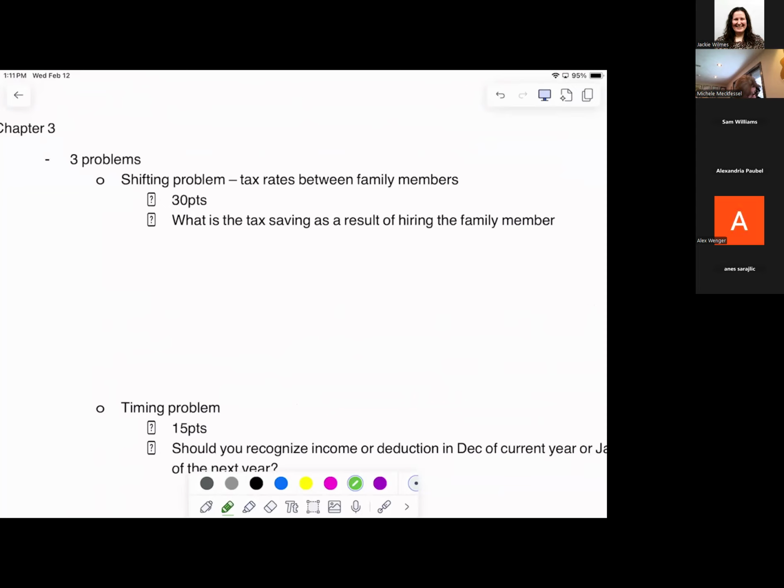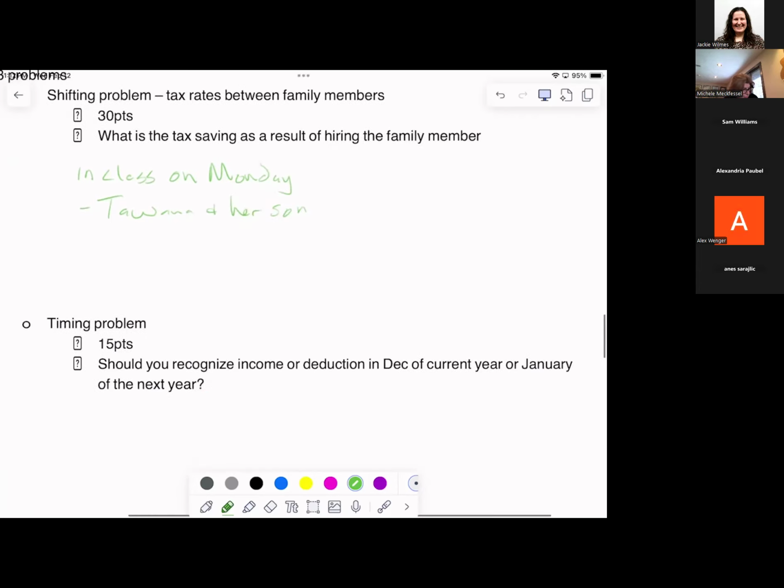We did one in class on Monday, right? That was Monday. That was Tawana and her son. Okay. So if you hire a family member, what are the tax savings related to that? Okay. So you'll need to be able to do that.